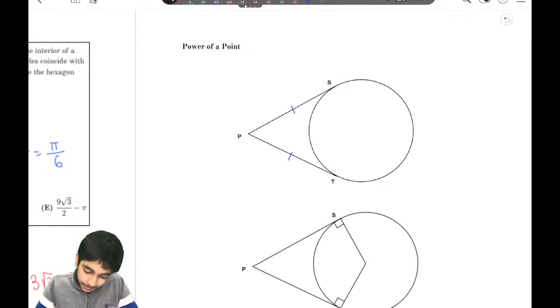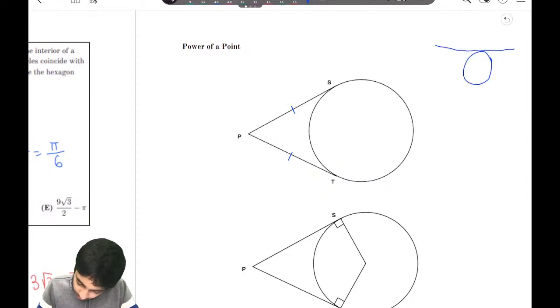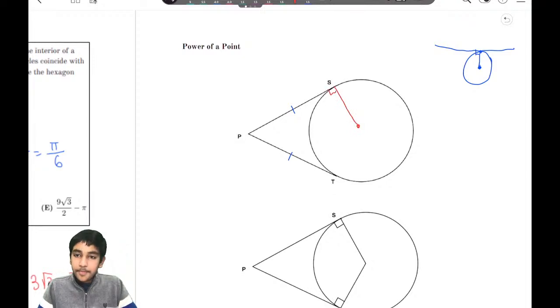And another good property, this is not actually part of Power of a Point, but basically, if you have a circle and then you have a tangent, if you connect the center of the circle to the tangent point, it's 90 degrees. Okay, so we know this is going to be 90 degrees. Just like I've shown in the figure, if we draw this line, it's going to be 90 degrees.